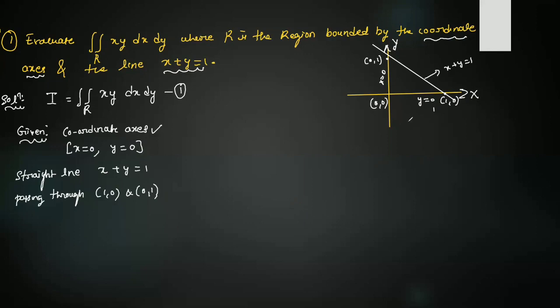What is the bounded region? Triangle. So all of you understood how to find the bounded region: it is bounded between x is 0, y is 0 and the straight line. So this is our bounded region.